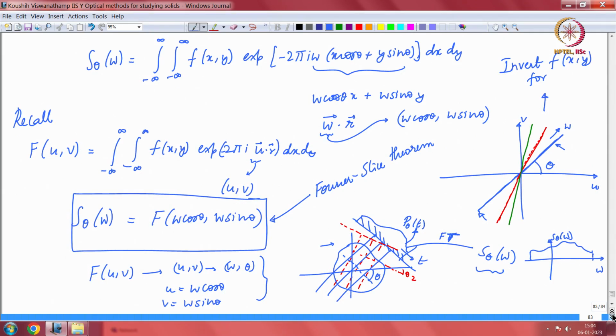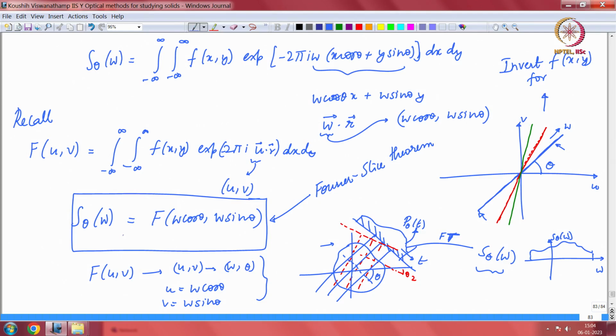And we found that by doing some simple manipulation, we basically got this expression in the box, which we call the Fourier slice theorem, and this relates the Fourier transform of the 1D projection to the 2D Fourier transform in polar coordinates, right. And we looked at this in the frequency domain.